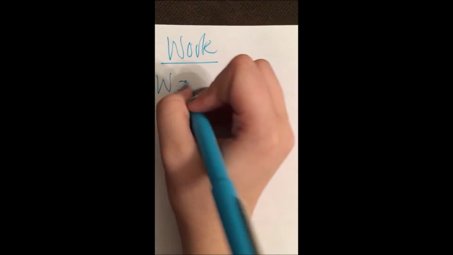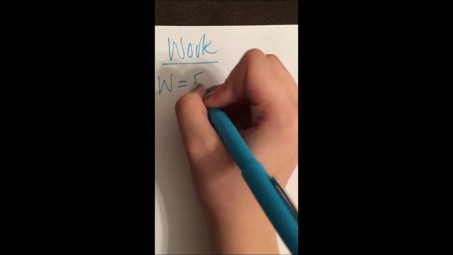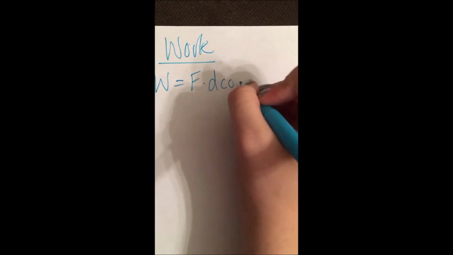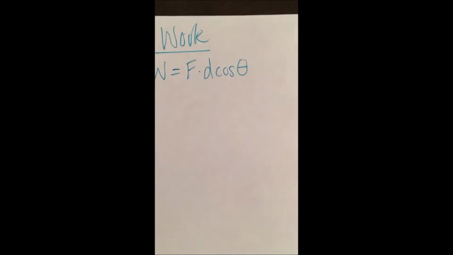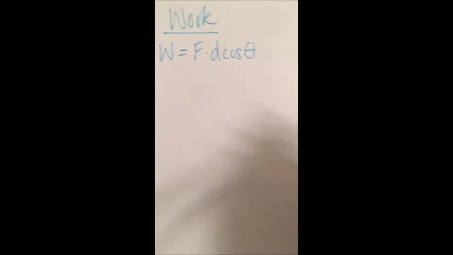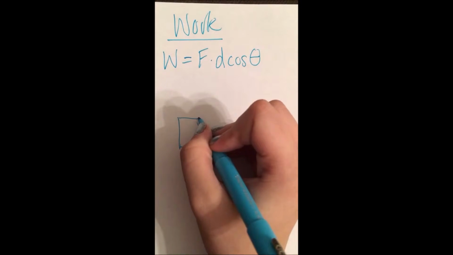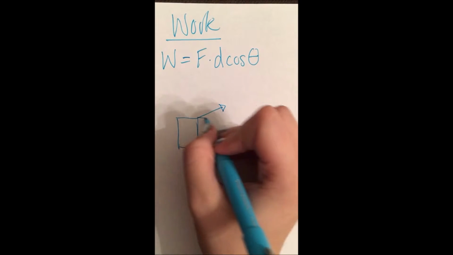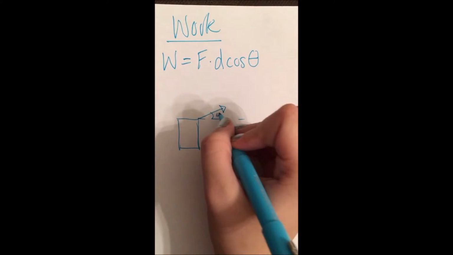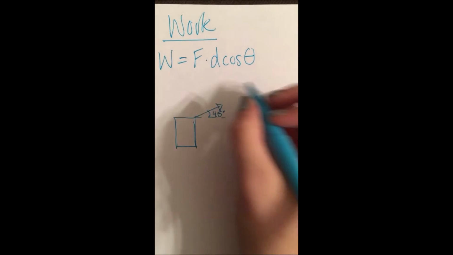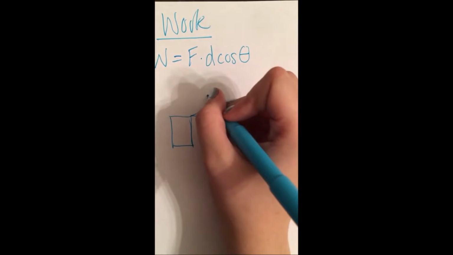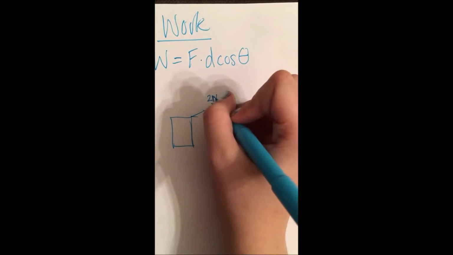Another example for work would be if we had to use an angle, theta. Here, the formula would be work equals force times distance times cosine theta. In this example, let's say someone was pulling a box at 45 degrees with a 2 Newton force.